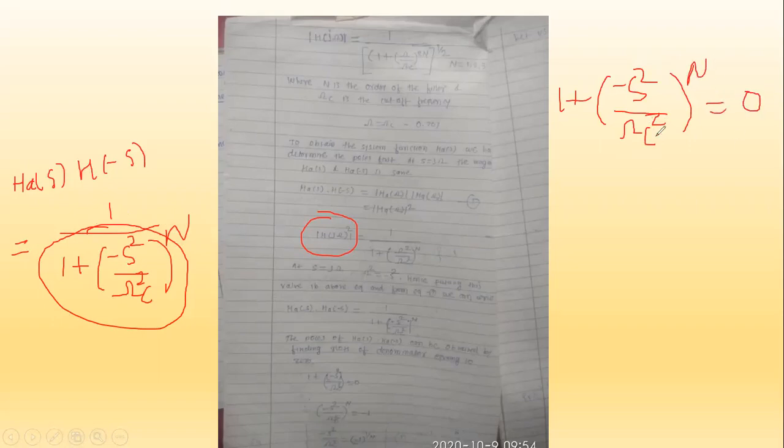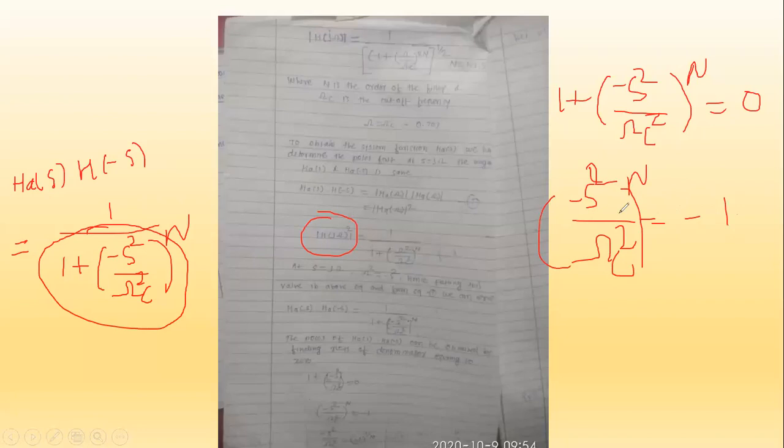Shifting this to the other side, it is minus 1. So s square divided by cutoff frequency square is equal to minus 1 raised to 2n.